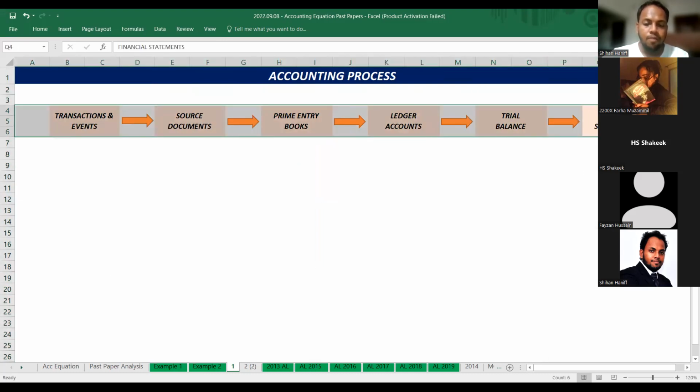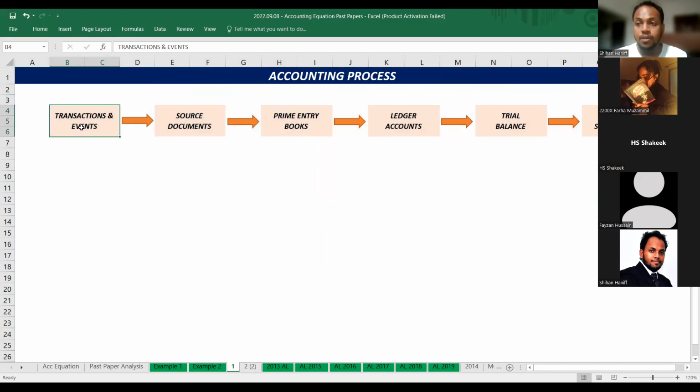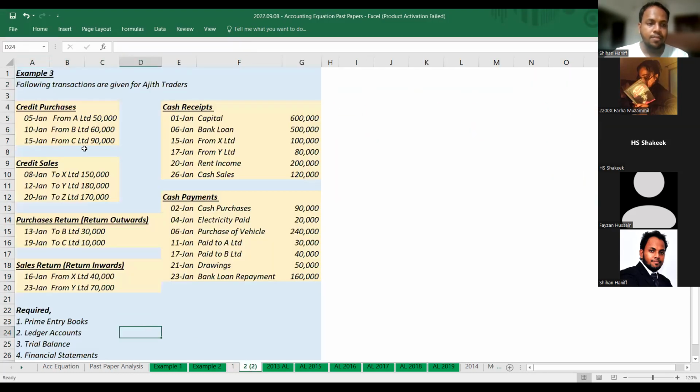Okay, now we'll do the question. We'll do a question to understand this entire process. Now already we did recording the transactions in the accounting equation. Now let's prepare prime entry books. Okay, so this is the example. As you all know, there are 7 prime entry books.